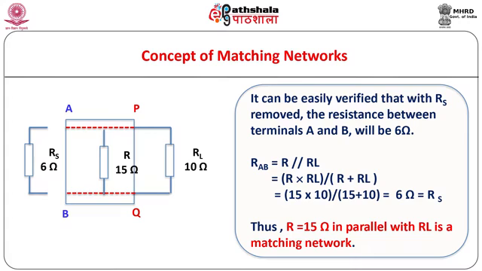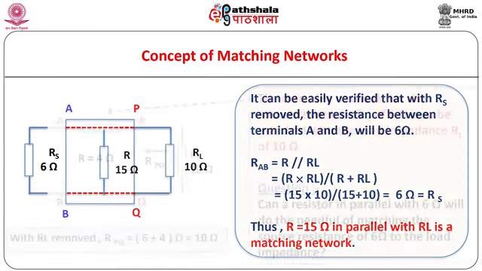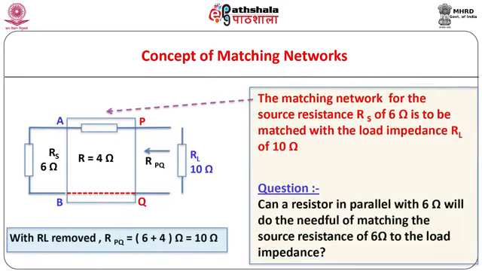Hence, we can say that R equal to 15 ohm in parallel with RL serves the purpose of the desired matching. Hence, it is a matching network. What will be the matching network in this problem if the source resistance RS of 6 ohm is to be matched with the load impedance RL of 10 ohm?